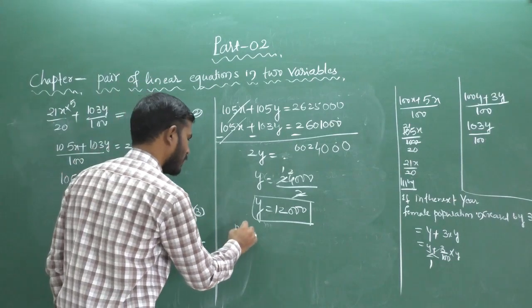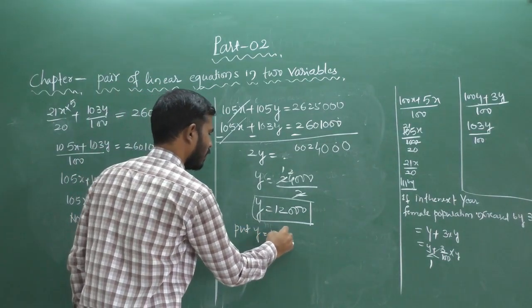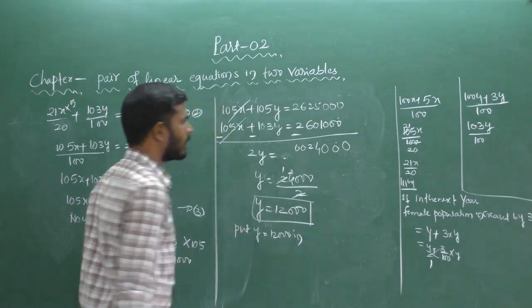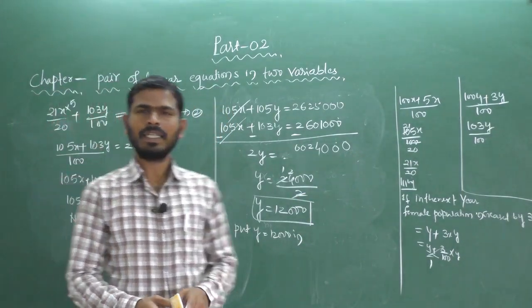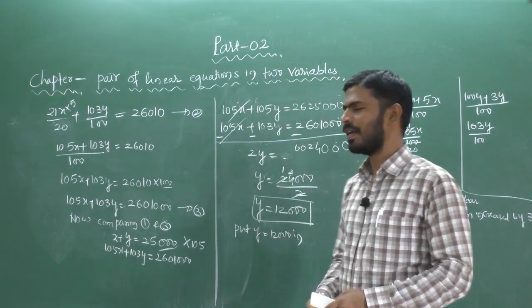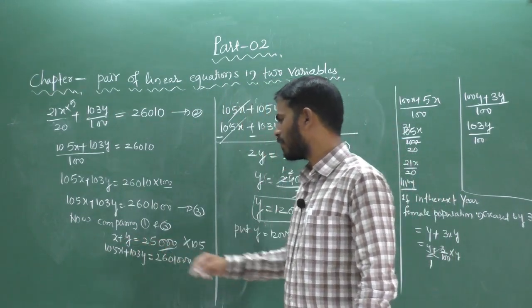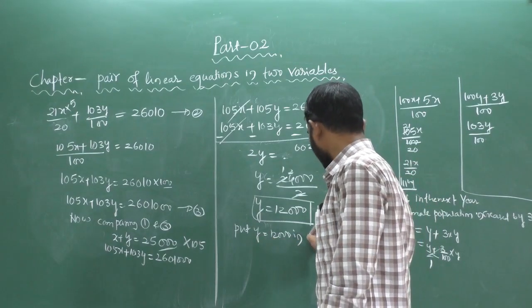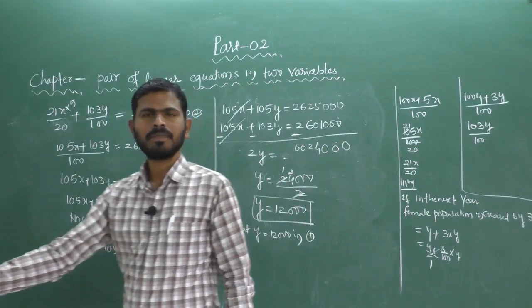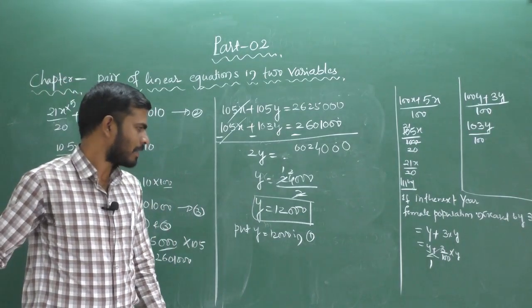We will put y equal to 12,000 in equation number 1 or 2. Equation number 1 you have to take because it is very easy to simplify, that is x plus y equal to 25,000, given first only. So I have to substitute in equation number 1, and you will get the x value.